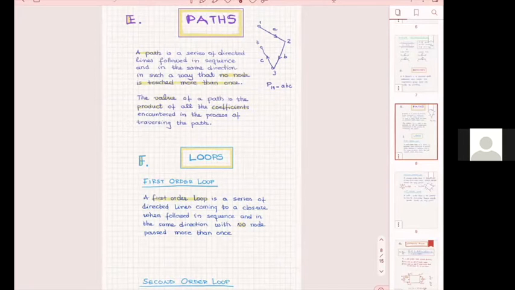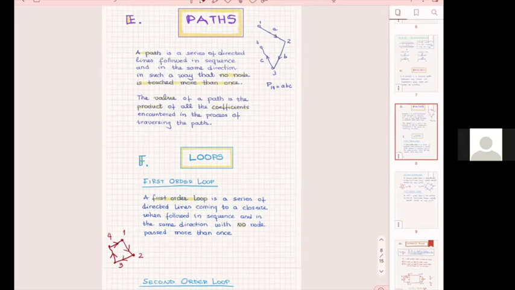So if 1 and 4 were to close, so we have something like this is node 1. We have node 2. We have node 3. And then we have node 4. And now there are lines that go like this.